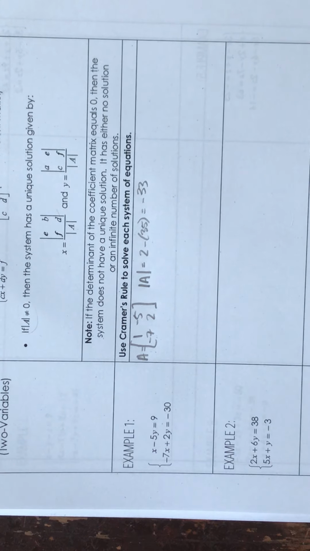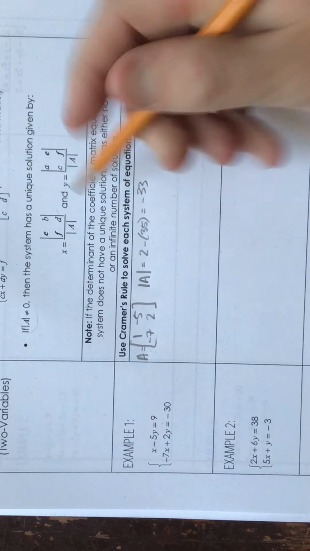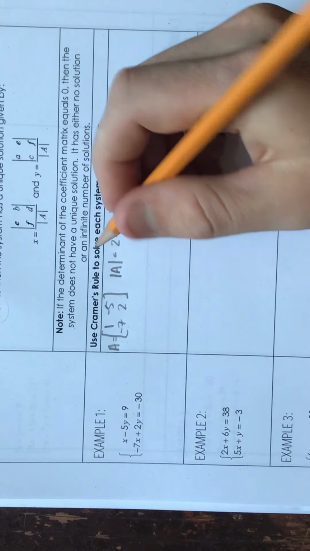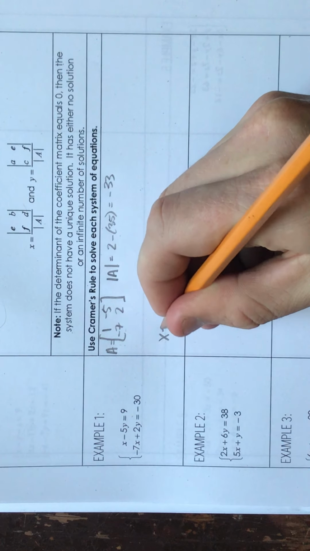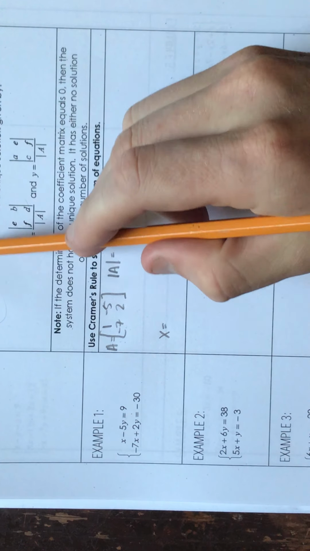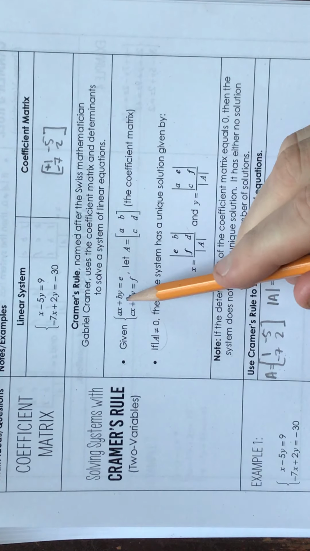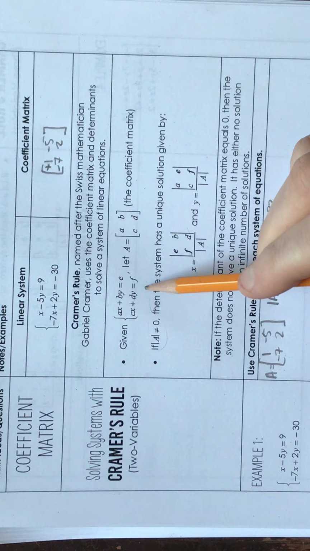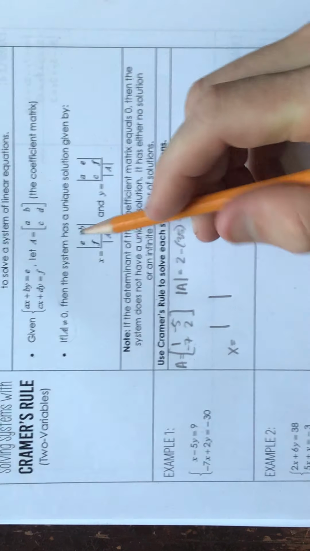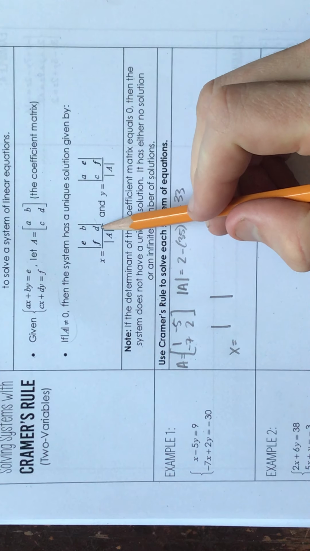And then we can set up our formulas for x and y. I'm going to start off with x. You have to pay attention to these letters. We're looking at ax plus by equals e and cx plus dy equals f, and we're going to be using those. So this first one is EBFD.